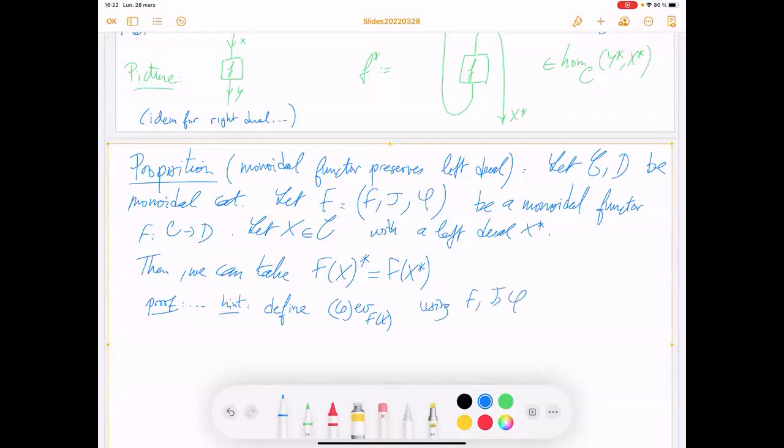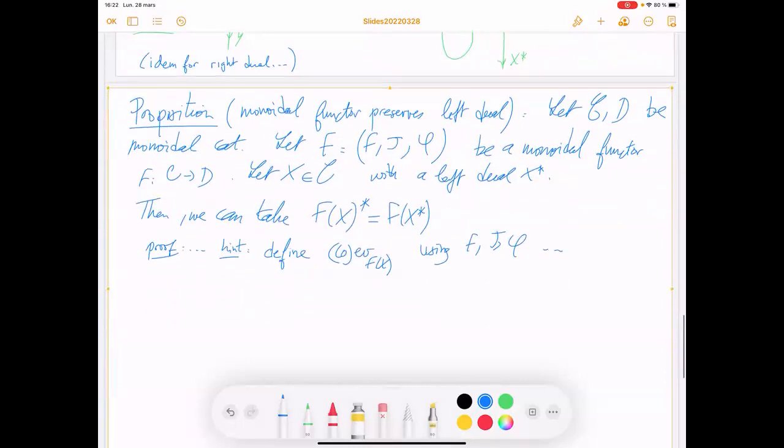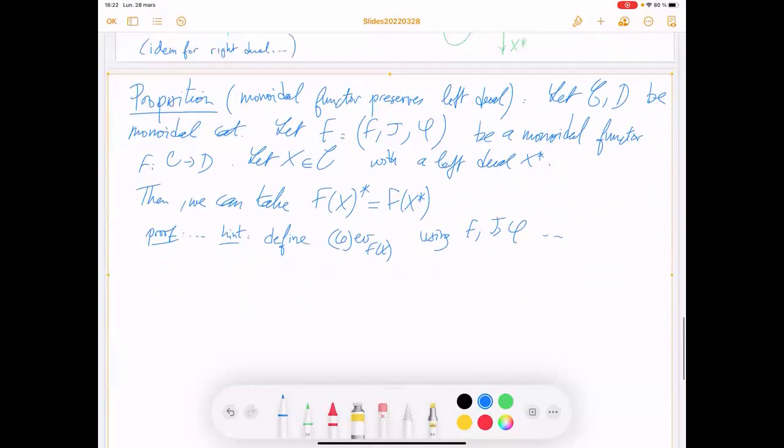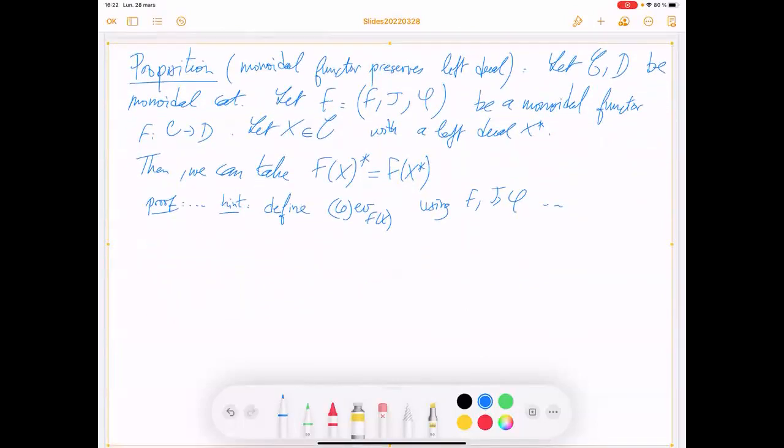In fact, there is a quite natural way to define this morphism using f, g, and phi. So I skip that. You can see the details in the last semester material again.